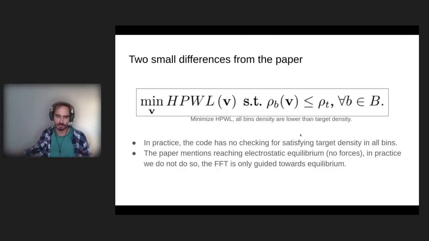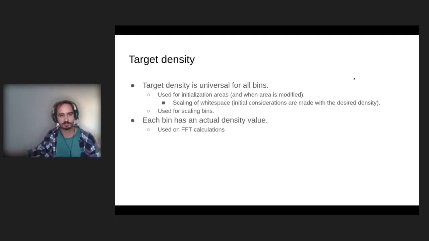We do not check if the bins respect the target. We just walk towards equilibrium and finish when the overflow is 10%. The paper also mentions reaching the electrostatic equilibrium, where we have no forces at all. In practice, this doesn't happen, and we just trust the fast Fourier transform to guide towards equilibrium. But we stop before that, right?